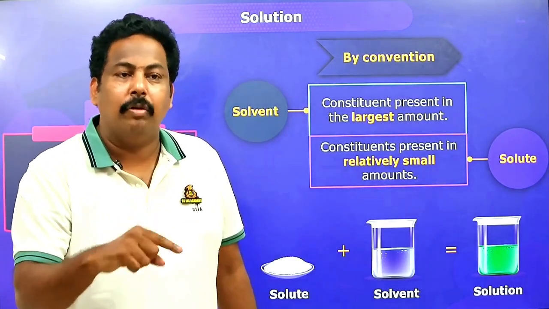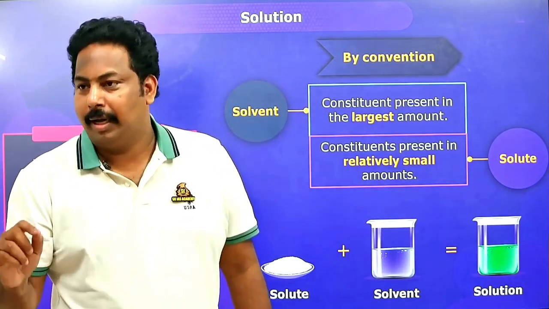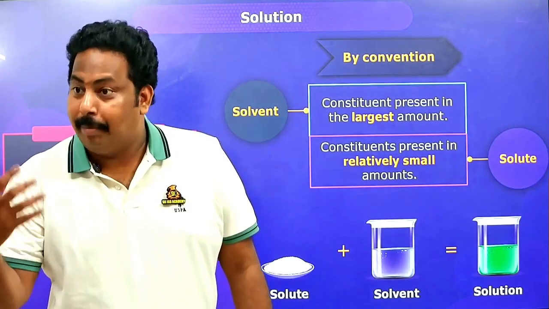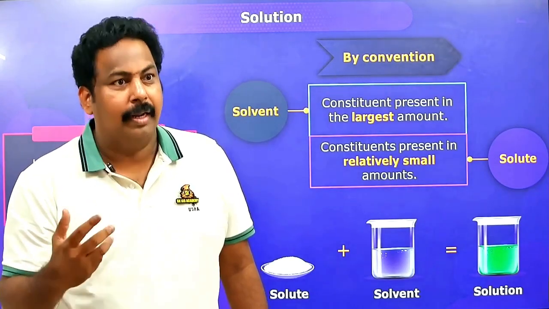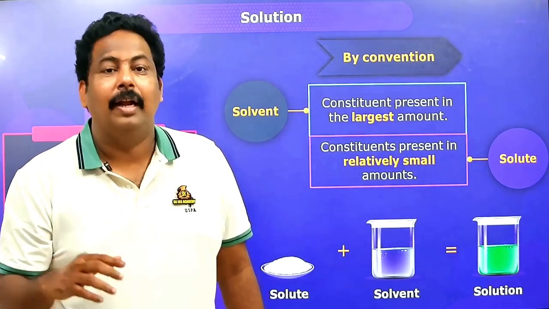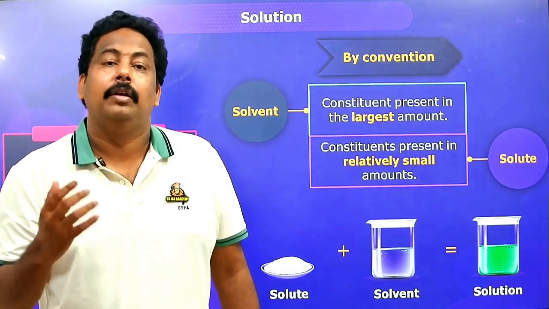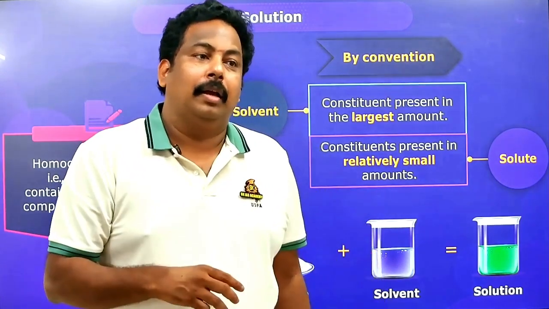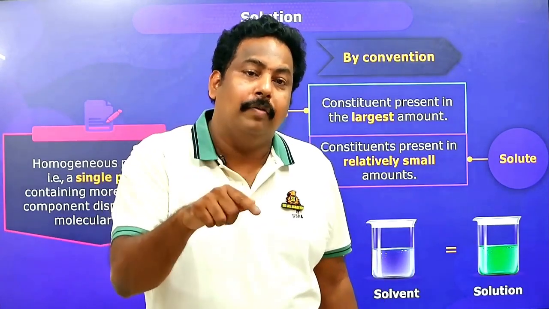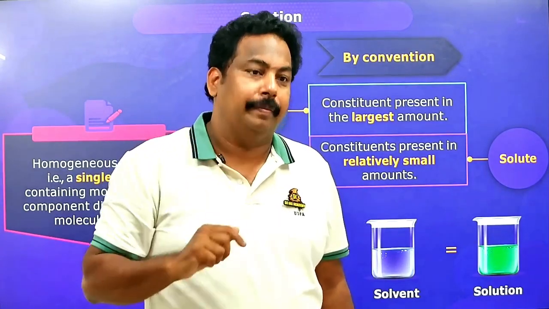If you have more than one solute, it can be called quaternary or ternary, depending upon the number of solutes, including the solvent as a component as well.